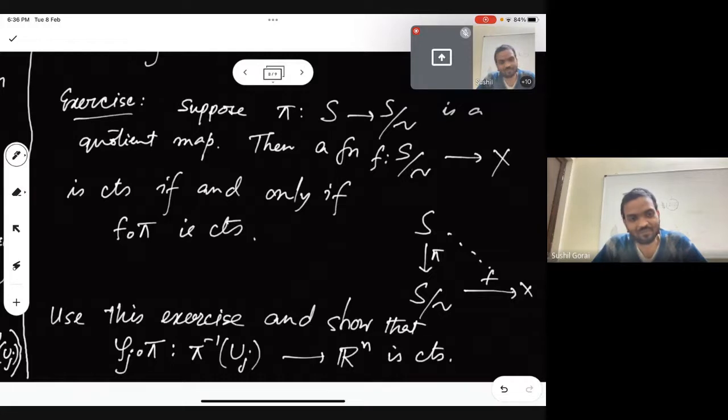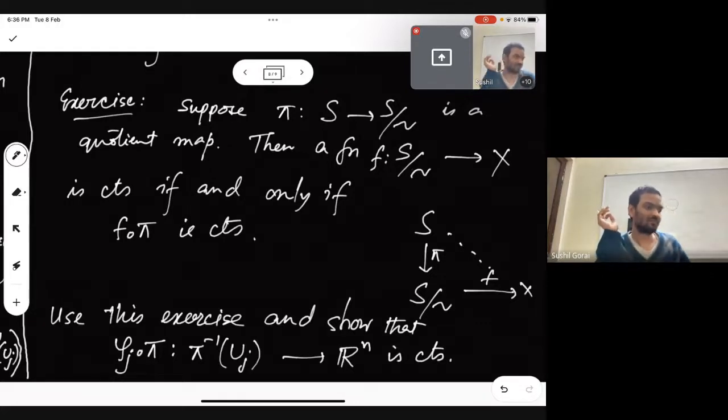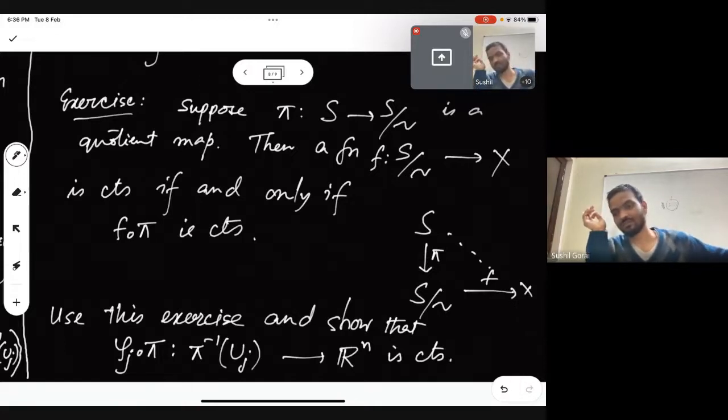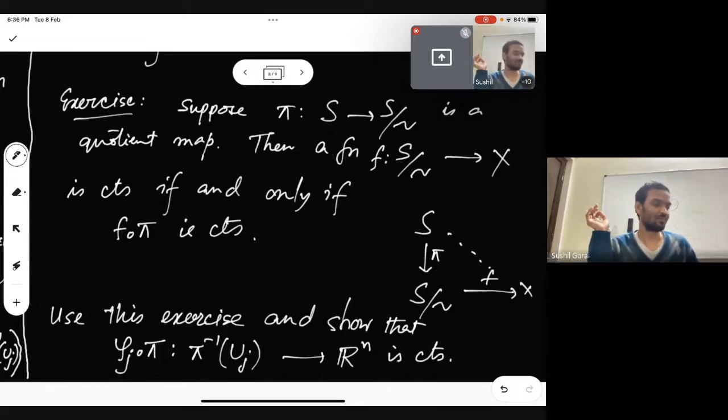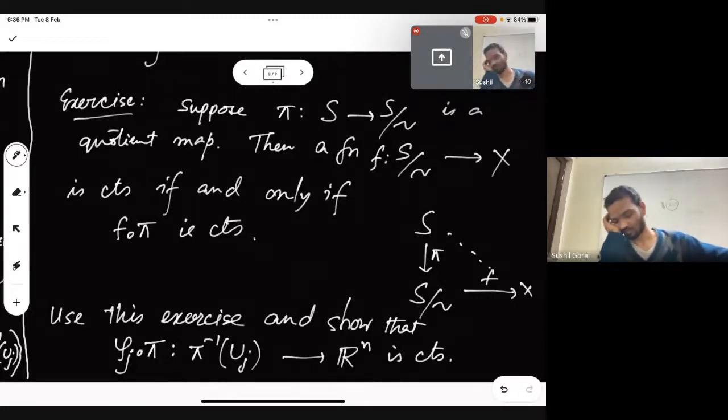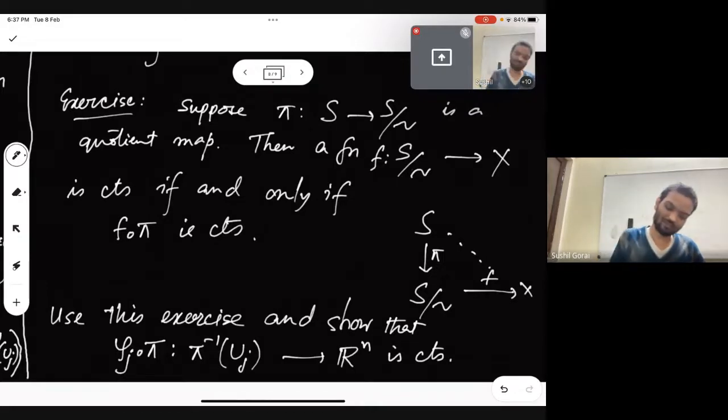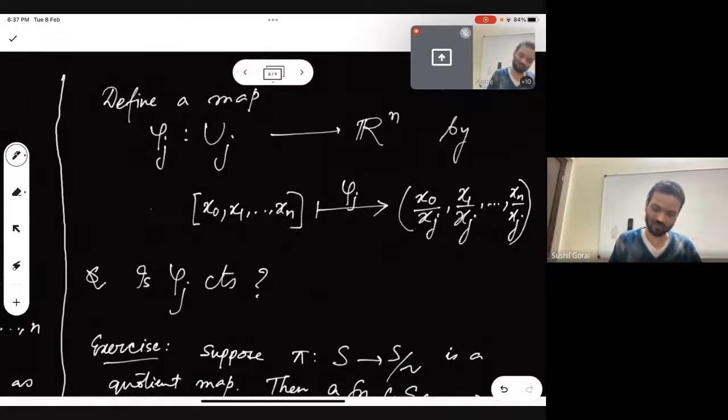Any question here? Any question if you have? So now the point is, what is the inverse? This is a map, and this is continuous, so the answer is yes, it is.